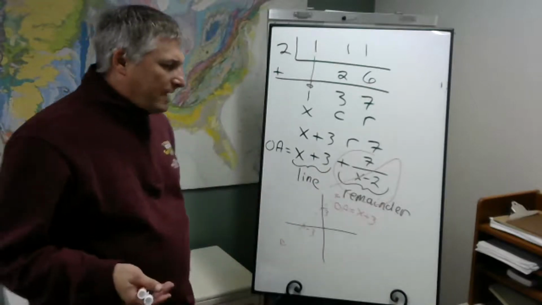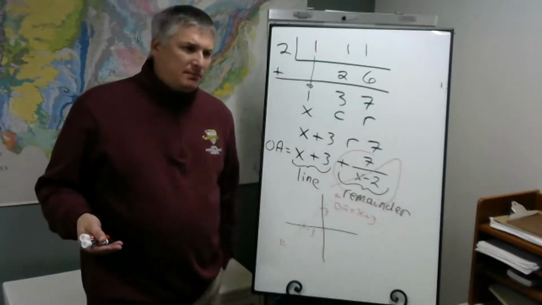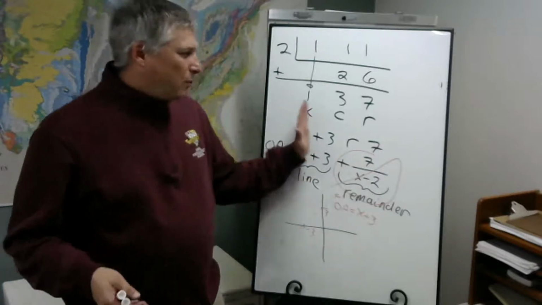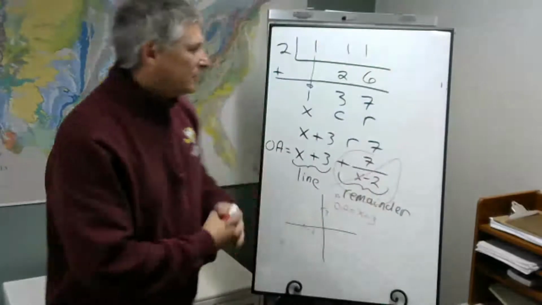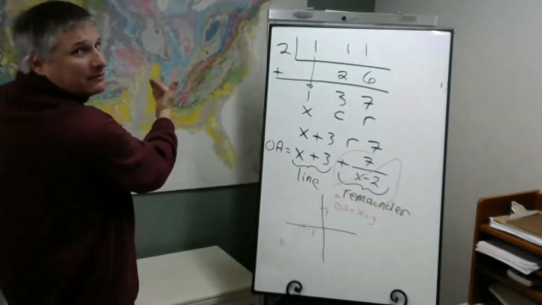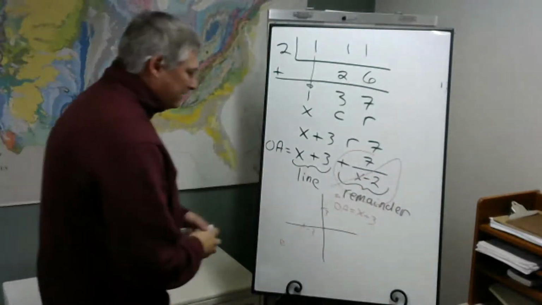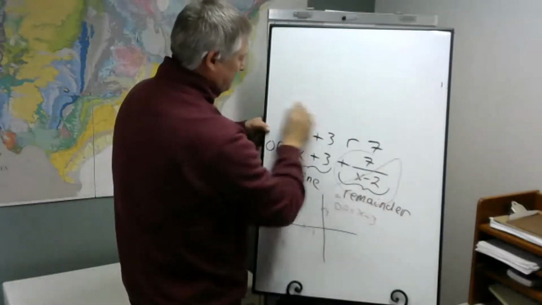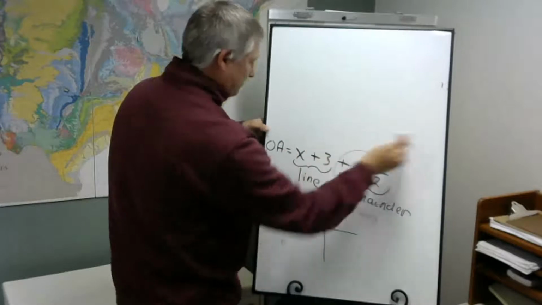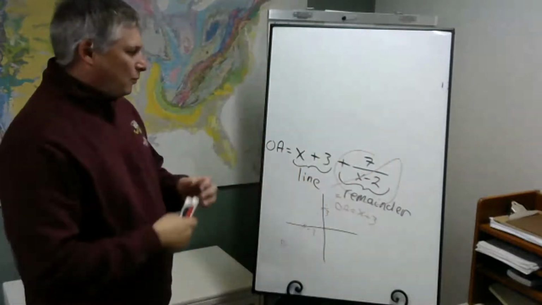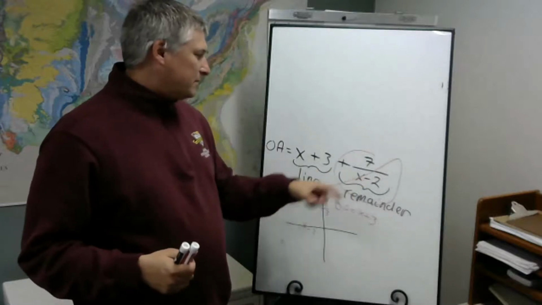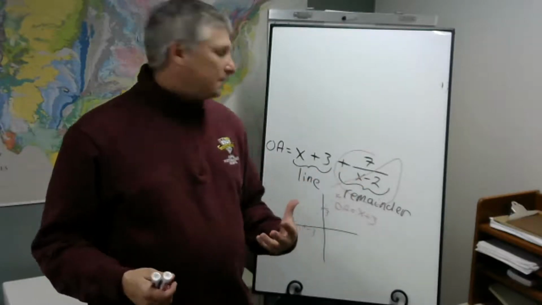Well, horizontal asymptotes and oblique asymptotes, they're really a kind of end behavior. It's what happens when x goes way down the positive x-axis or it goes way down the negative x-axis. It's end behavior. And here's the thing. When x is kind of small, this term can be massively influential.